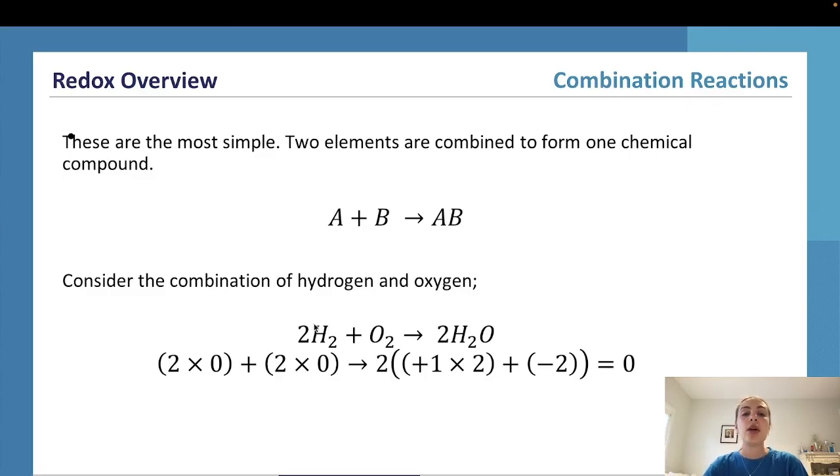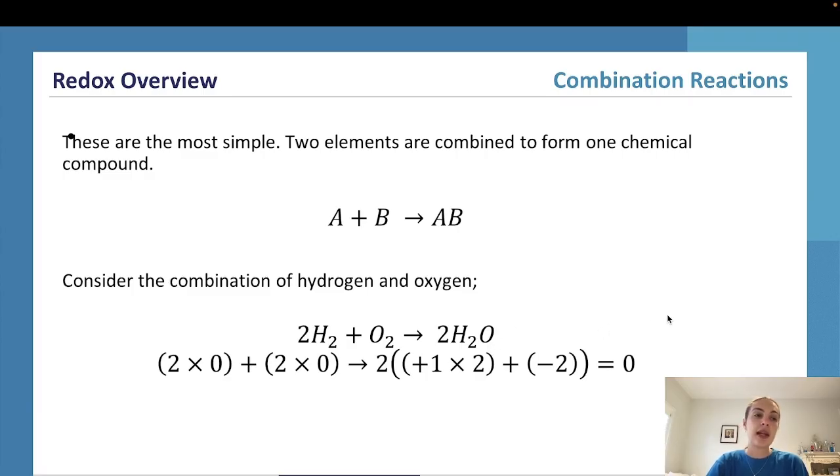So essentially the oxygen is receiving electrons from the hydrogen atoms. So when the hydrogen loses those 4 electrons, because we've got 2 times 2 is going to give us 4, it's going to lose 4 electrons and give those 4 to the 2 oxygen atoms, because 2 times the oxygens, and those 4 electrons are lost from the hydrogen, resulting in the hydrogen being oxidized and the oxygen being reduced.